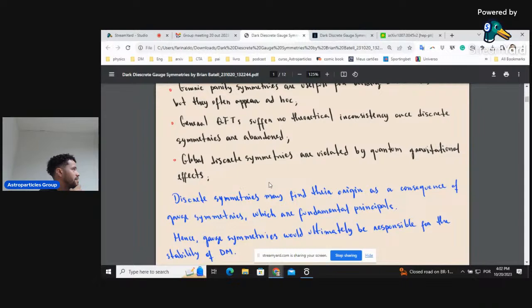The hair theorem says that at the Planck scale, where we expect that gravity is quantized, black holes do not conserve global charges. So if you have a global charge, that symmetry happens near the horizon of the black hole.